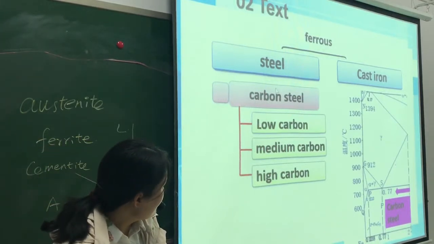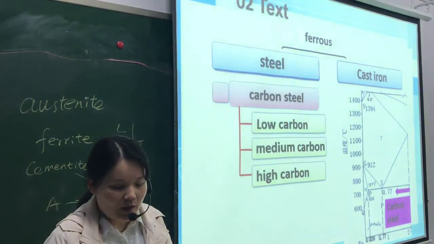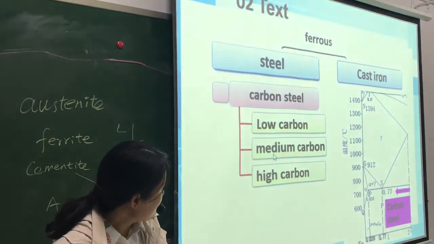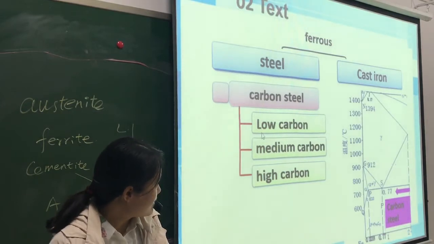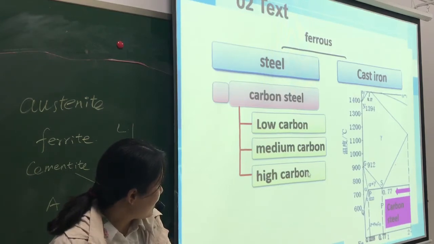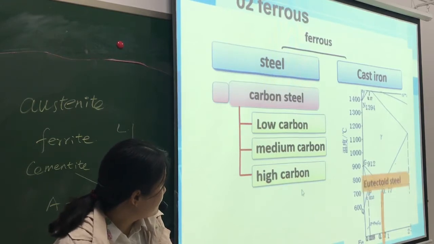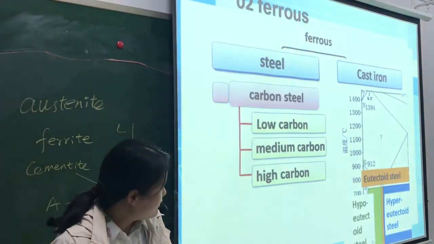Carbon steel is an alloy that contains iron and carbon. With different carbon content, we can classify carbon steel into low carbon, medium carbon, and high carbon steel. We also call this composition alloy eutectoid steel.